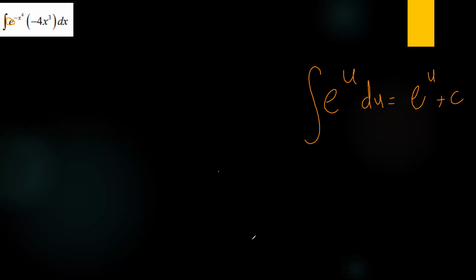Here we have e to the power negative x to the power 4 times 4x cubed dx.